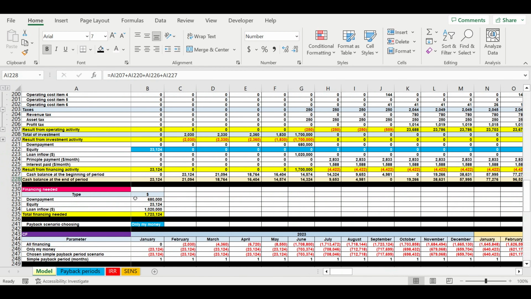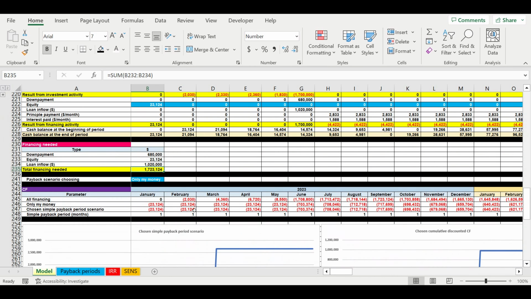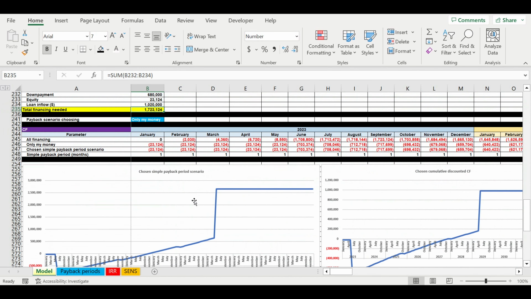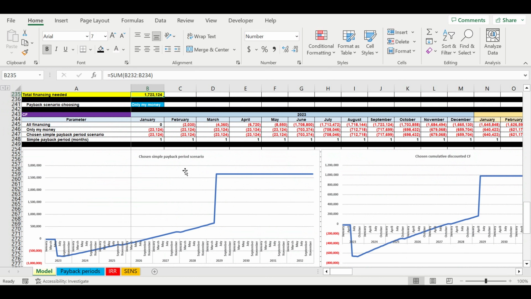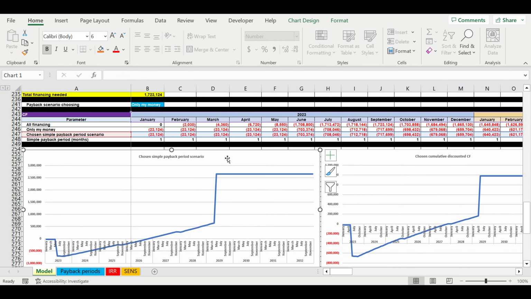And then we can see how much financing is needed. So this is the down payment, this is equity that we need to finance operating losses, this is mortgage, this is total financing. Here we can specify what type of payback period we would like to look at.